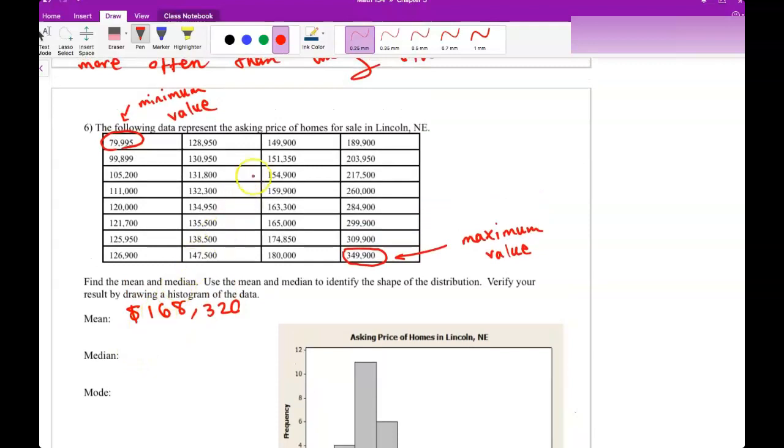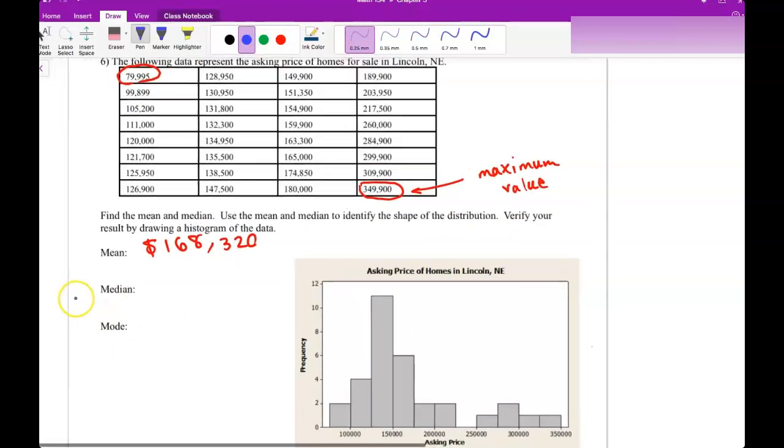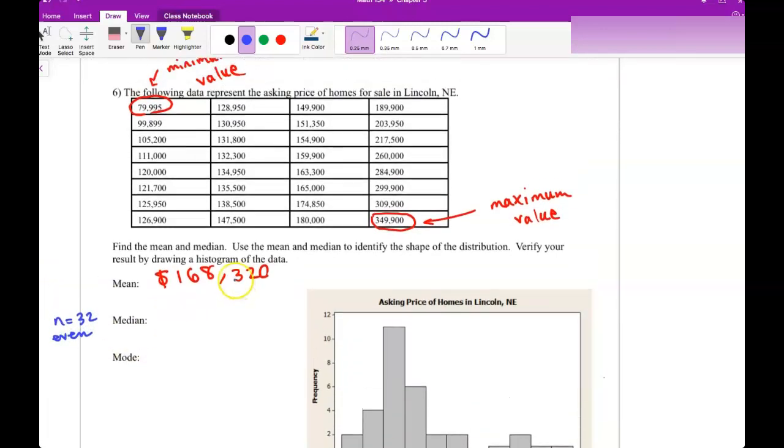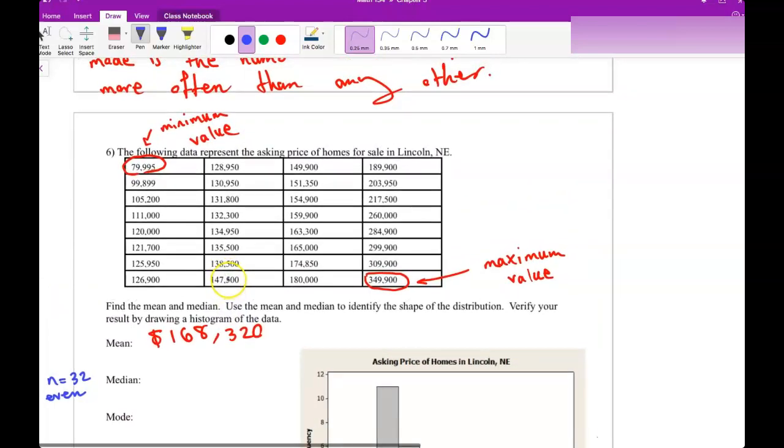Now finding the median. Since n is 32, and that is even, these numbers are in order. We have to start from here on top, then move down, then after that we have this number. Again, moving down.